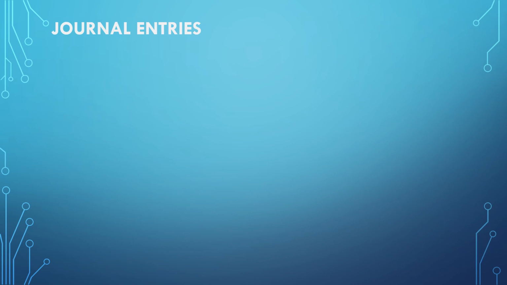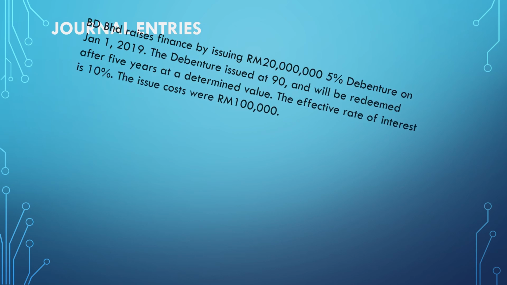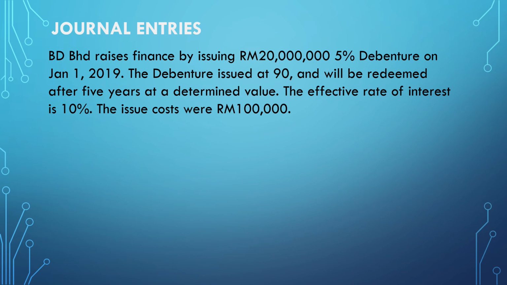So, the journal entries when you issue a debenture. This is the example question that we use. BD Berhad raises finance by issuing 20 million of 5% debenture on 1st January 2019.